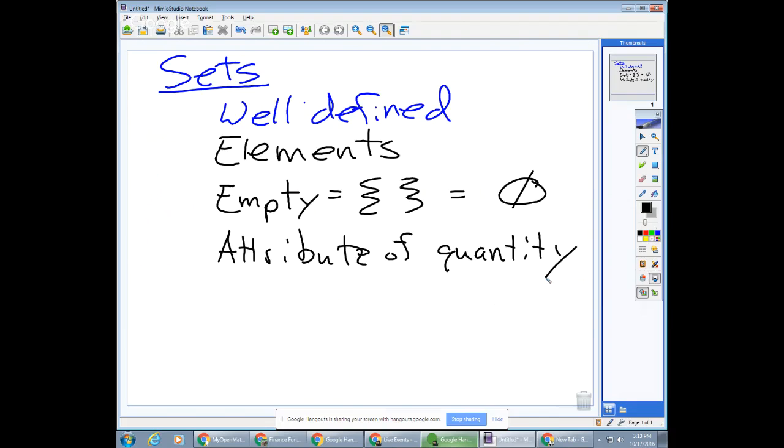So the idea of counting, which is one of the first things we learn to do mathematically, comes from the idea of sets. Right? The idea of 5 comes from the idea of sets. So when we ask the question, how many, that's where numbers start to come from.